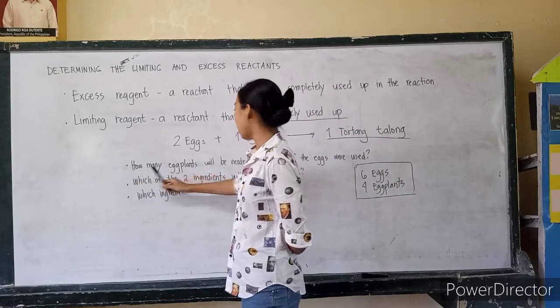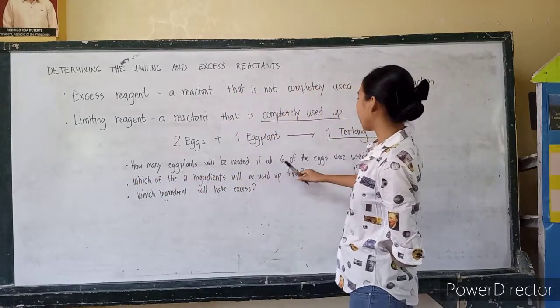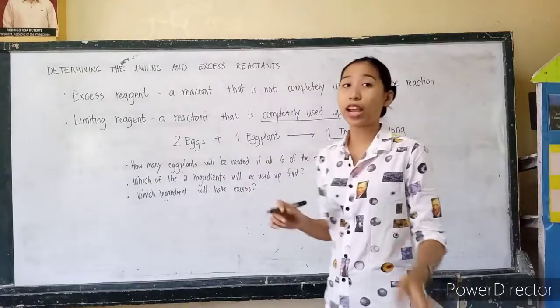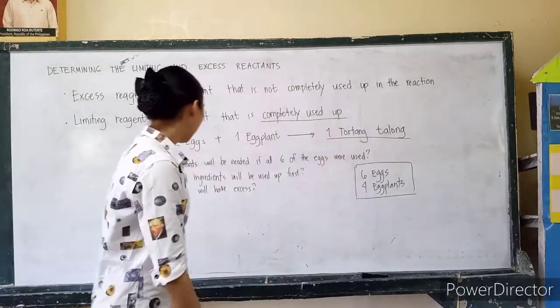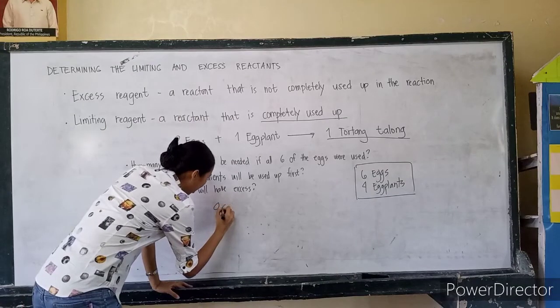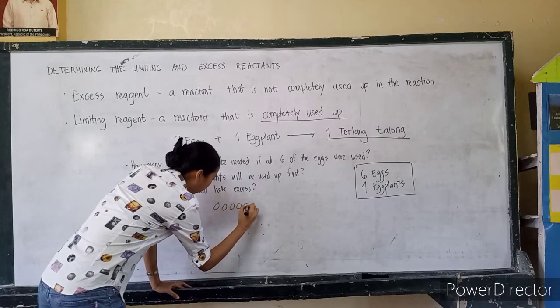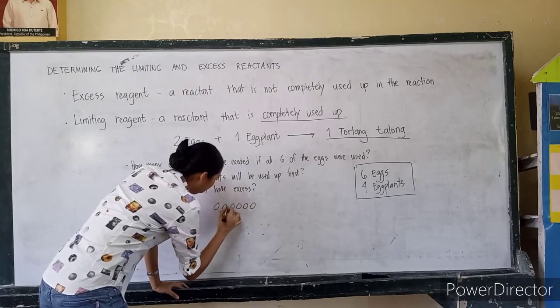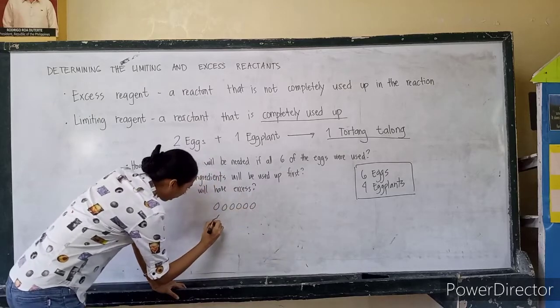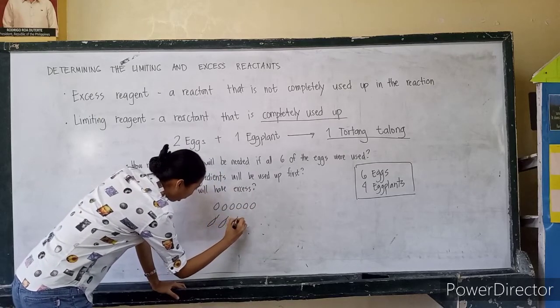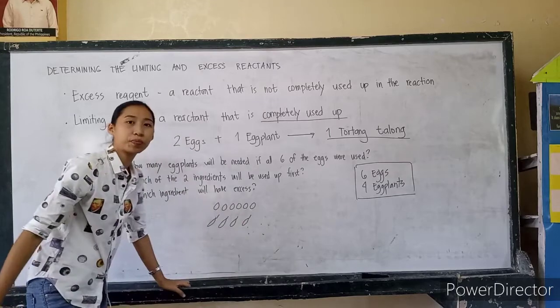First question: how many eggplants will be needed if all 6 of the eggs were used? So we have 6 eggs: 1, 2, 3, 4, 5, 6. And for example, I bought 4 eggplants.